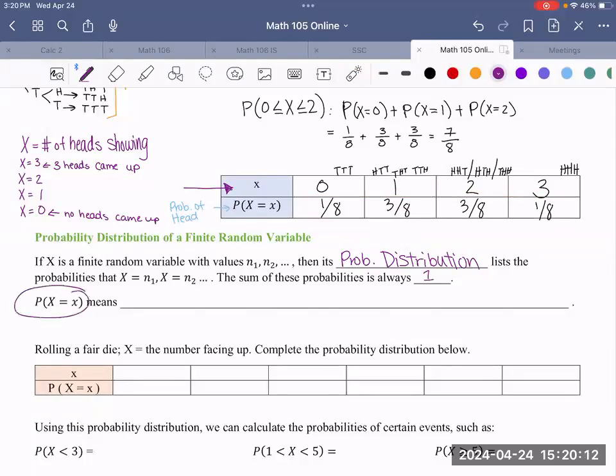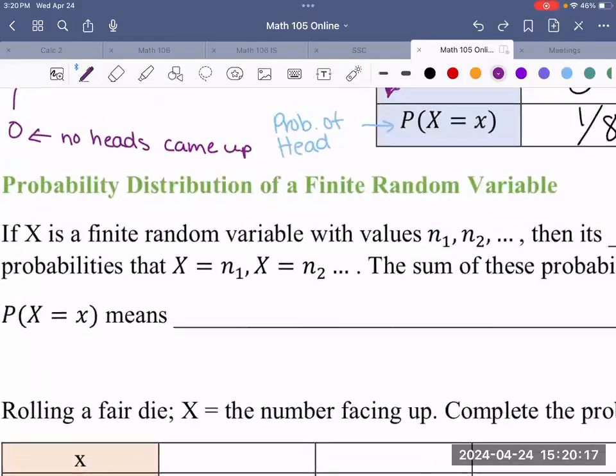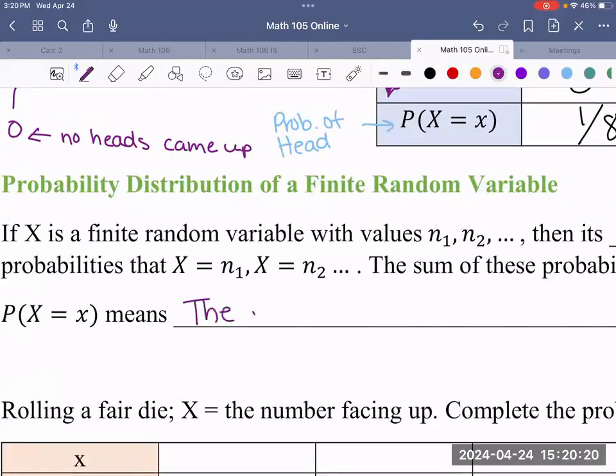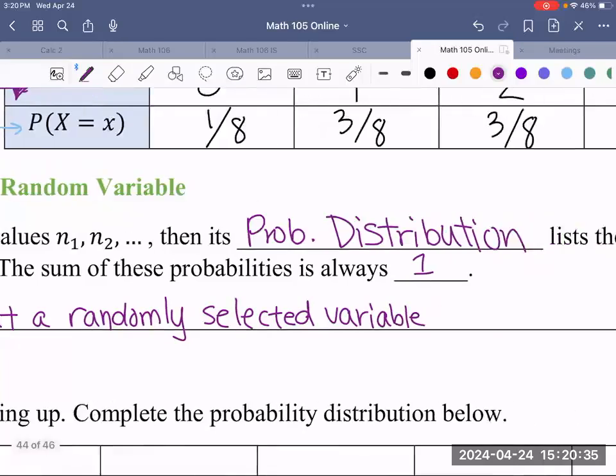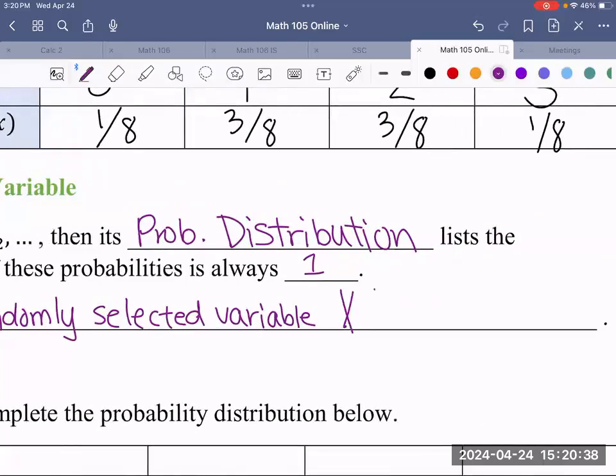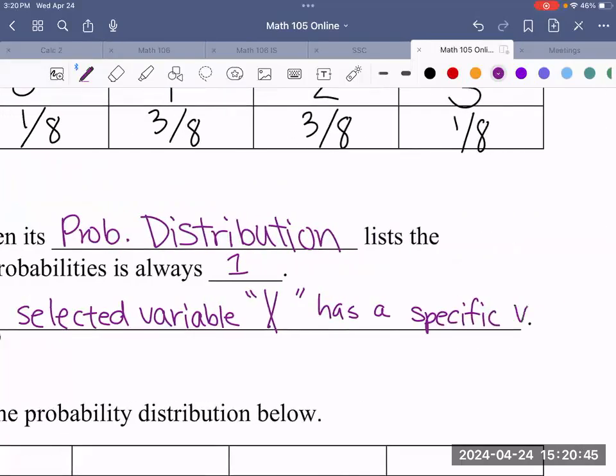So now if we have the probability that X is equal to little x, it means we're looking for the probability that a randomly selected variable X has a specific value, this being little x.